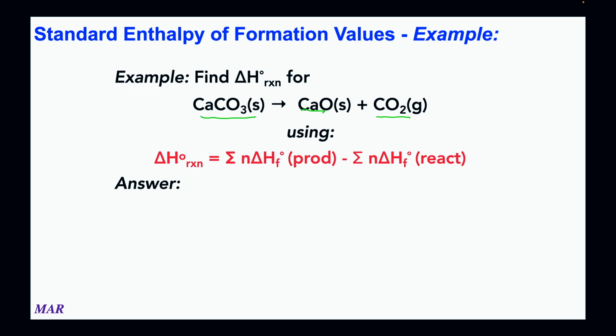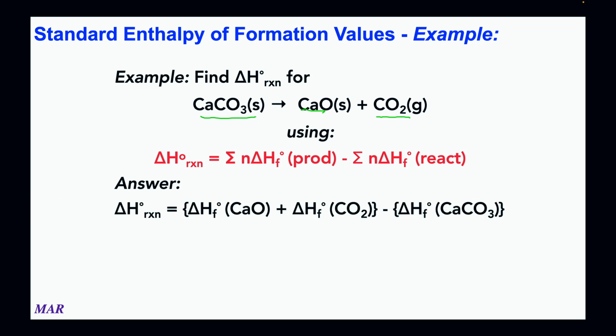So what we would do is, in that table that's available at the end of problem set 3 or on that website I listed earlier, we would look up the delta HFs for calcium carbonate, calcium oxide, and carbon dioxide. So here's where you'd put those values. This would be the heat of formation for calcium oxide, a product, heat of formation for CO2, a product, and we'll subtract the heat of formation of our one reactant.